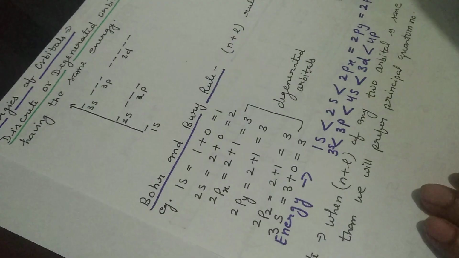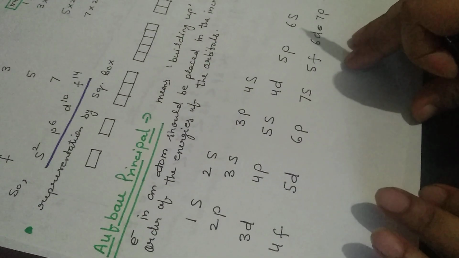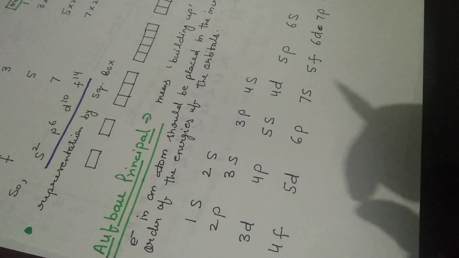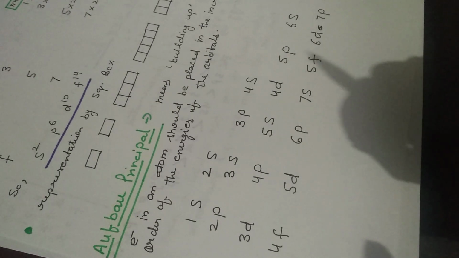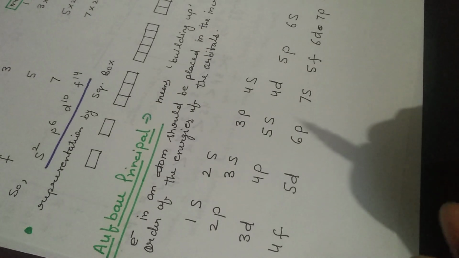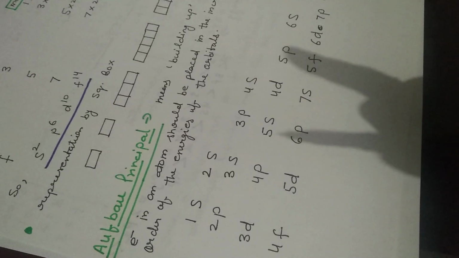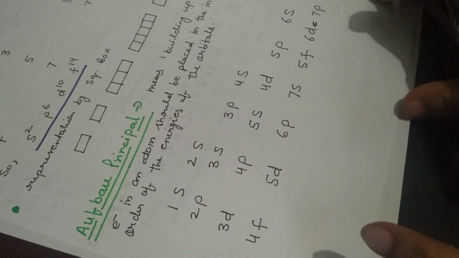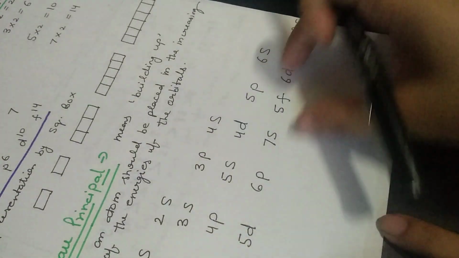Okay, that is the Bohr Bury rule, in which if 2 orbitals have the same value of n plus l, then the orbital which has the higher value of n will have the higher energy level, and we will fill the electron in the other orbital first, then after we will go for the next orbital.